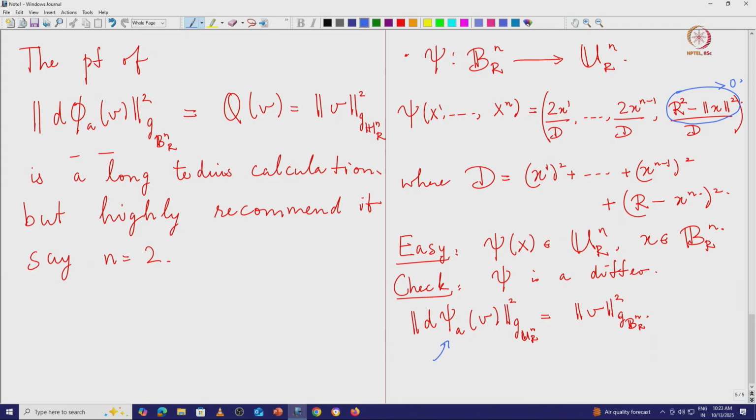Again this is a long calculation but highly recommended, at least when n is 2.